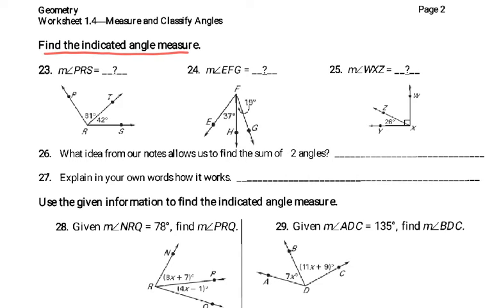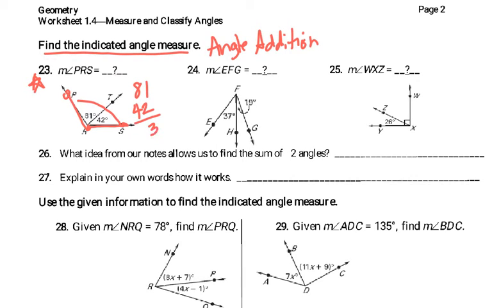If I'm going to work through question 23, they want PRS, P to R to S. That would include both of those angles there. We would be using angle addition. And for this question, we would take 81 and add 42 for 123 degrees.